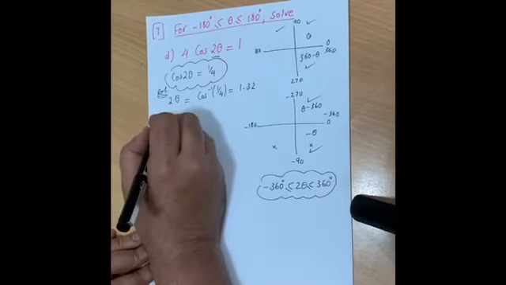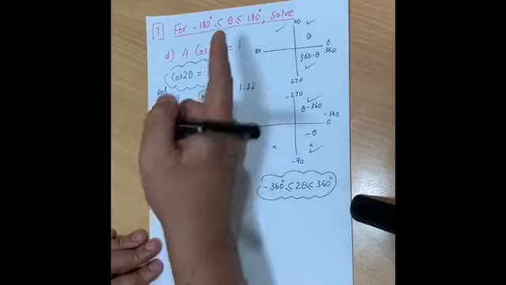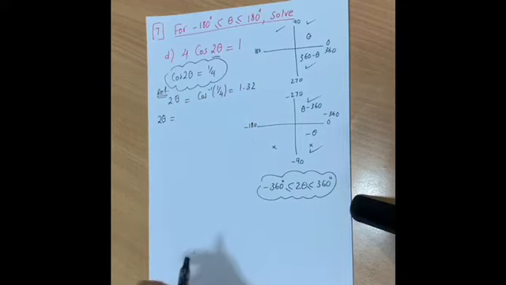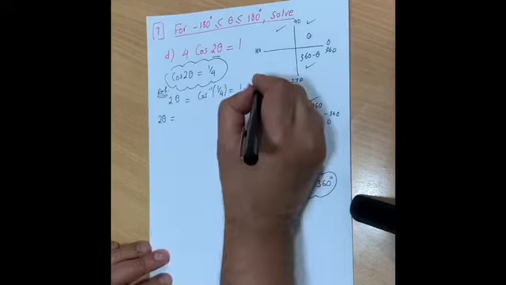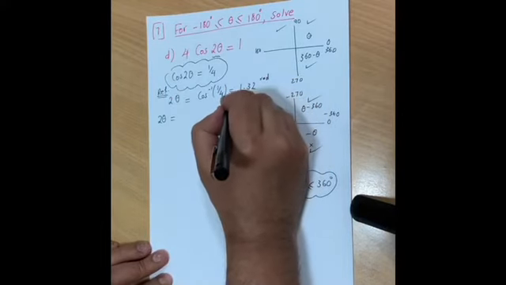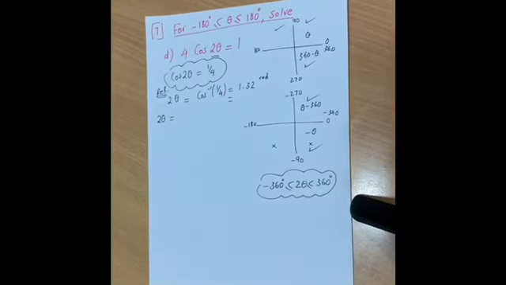Then you have to use the range. I know the range which is given to you is in degrees, so let's use that. We have to change the calculator now. This is in radian, but we want degrees. You just change the calculator mode, shift mode to degrees, and then you calculate that.